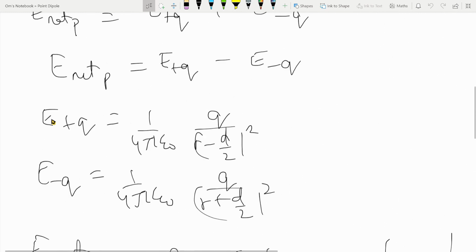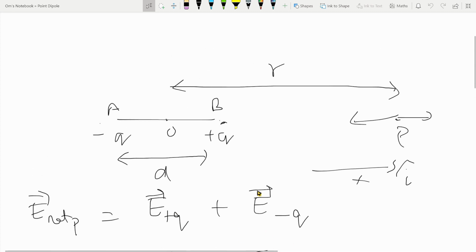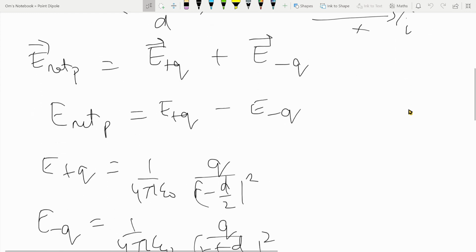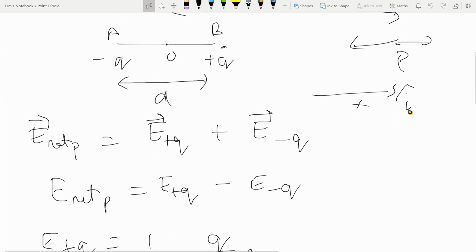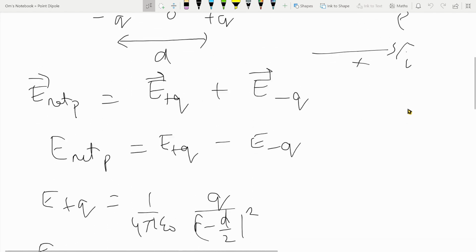So while we were deriving this expression, we assumed that the magnitude of electric field due to the plus q charge is greater than that created by the minus q charge, and that's because it's closer to point P. So naturally, because the direction of electric field due to plus q was along i cap, and since the electric field due to plus q is greater than the electric field due to minus q, we conclude that the direction is along i cap.